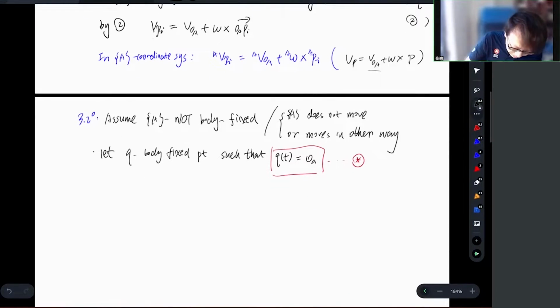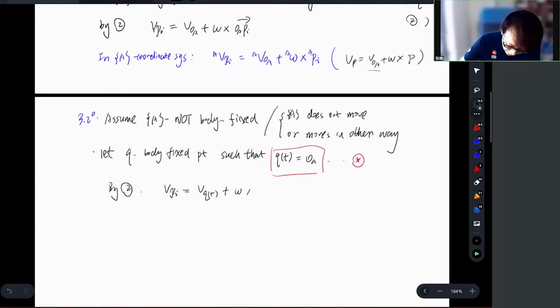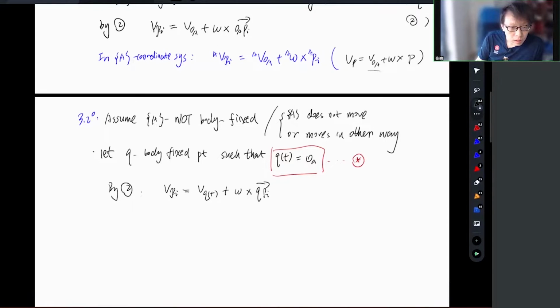Then I can use equation 2 again. If Q is body fixed, then I can use 2. For any other body fixed point PI, its velocity is VQ, now putting the time index in, VQ(t) plus omega cross from Q to PI. I'm just copying down formula 2.